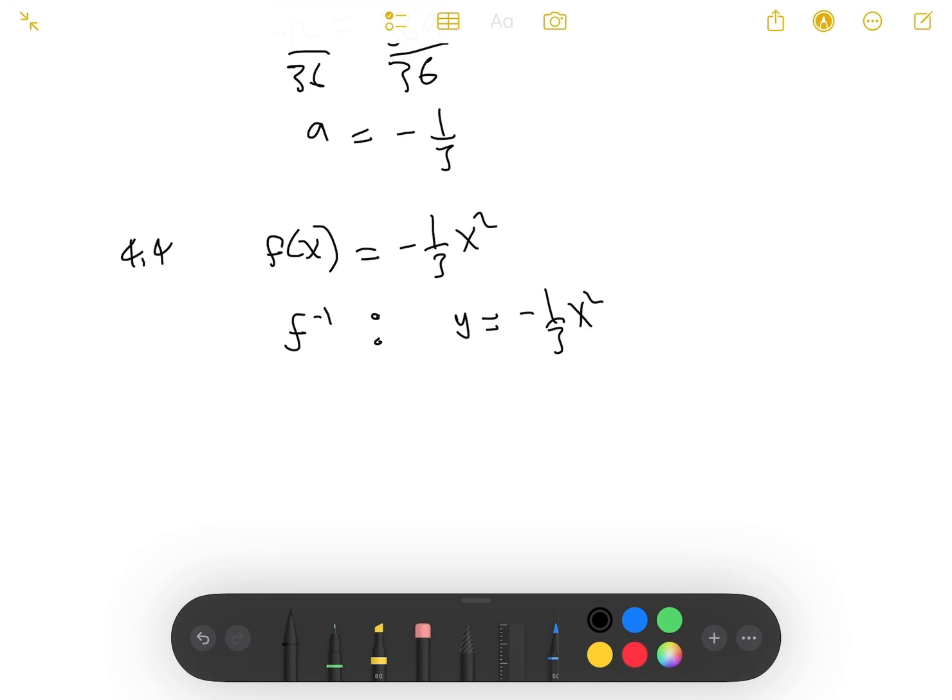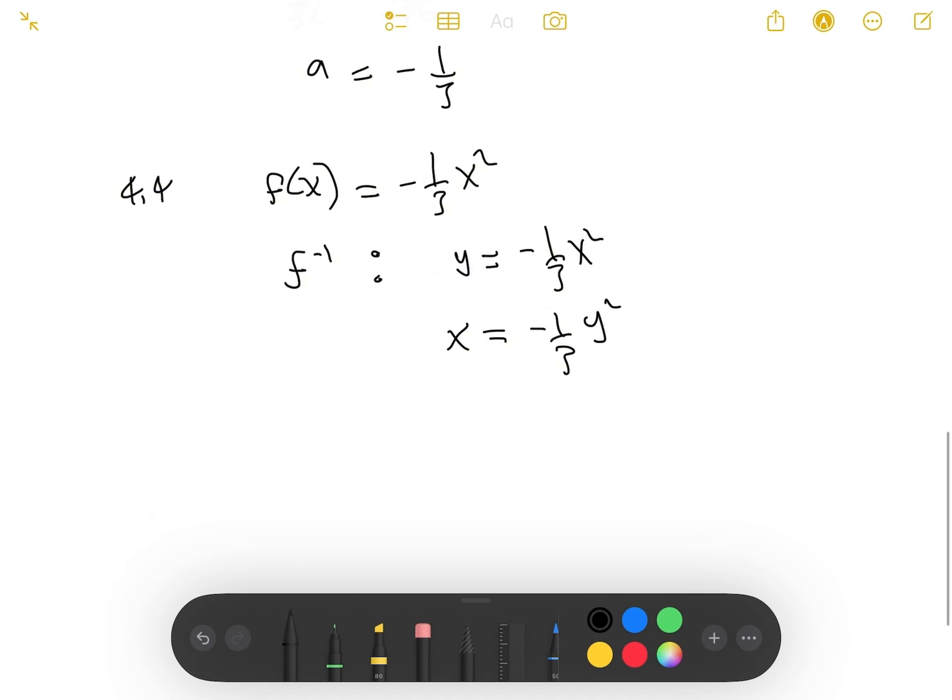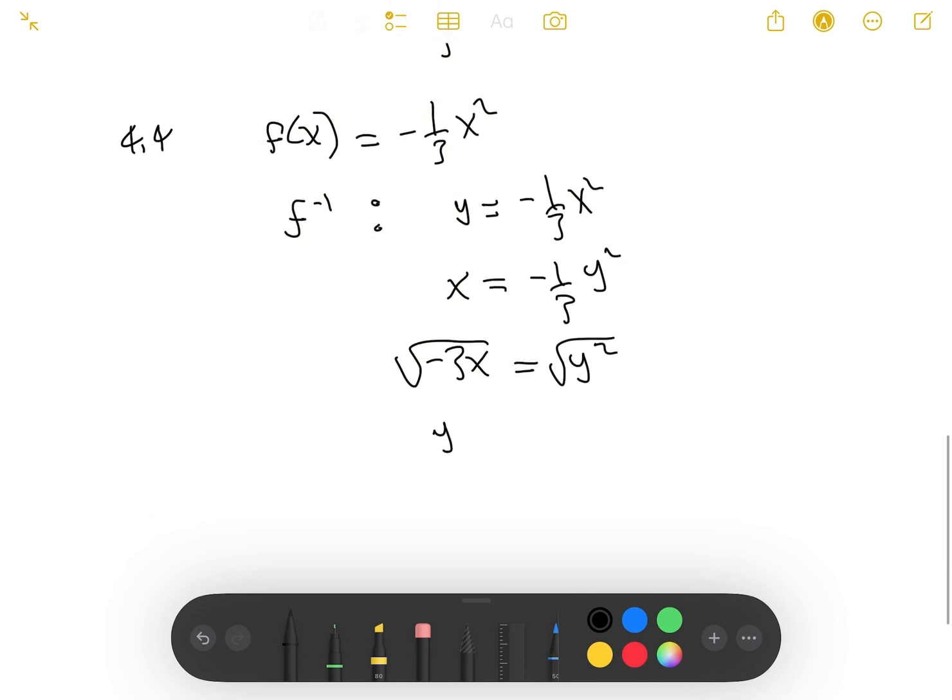So here we end up with x equals negative 1 over 3 y squared. From that we have negative 3x equals y squared, and then we take the square root on both sides. Therefore y becomes plus or minus the square root of negative 3x.